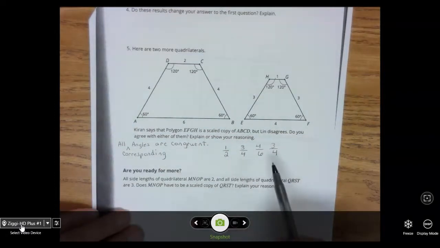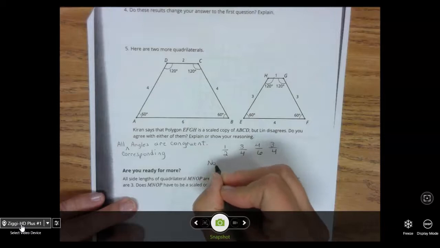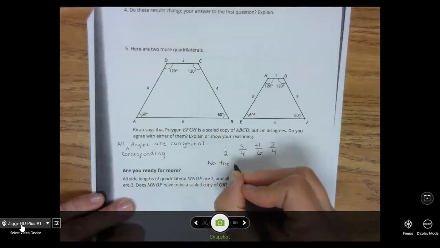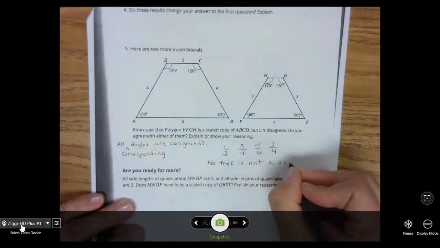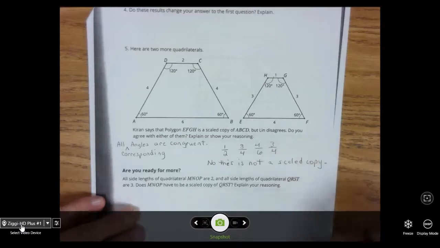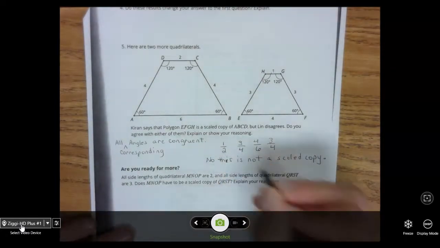Are they equivalent? No. This is not a scaled copy.